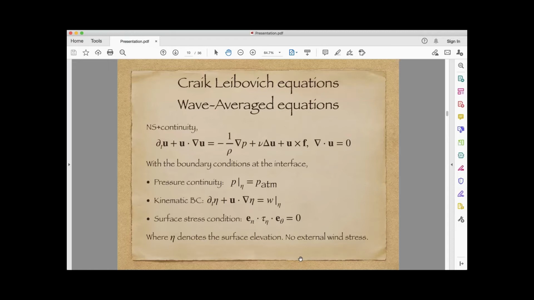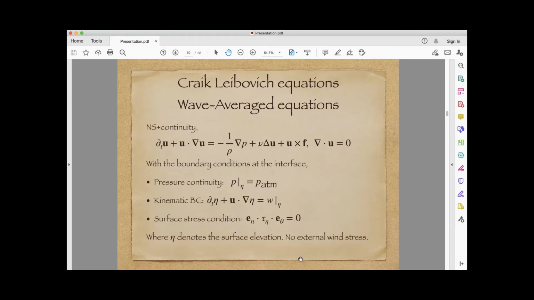The flow we are considering is an incompressible fluid, so we just use the Navier-Stokes equation with the incompressibility condition, which is what I wrote down here, and the flow is also in a rotating frame, so you also have the Coriolis effect. That is the u cross f term that is present there.